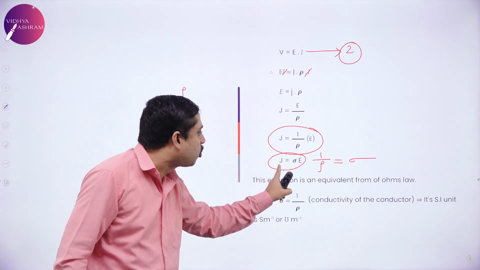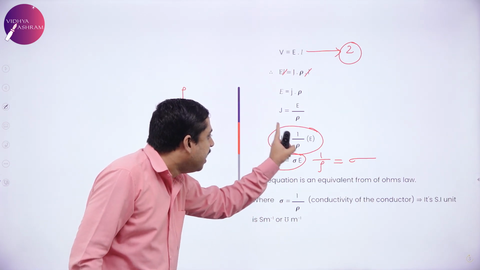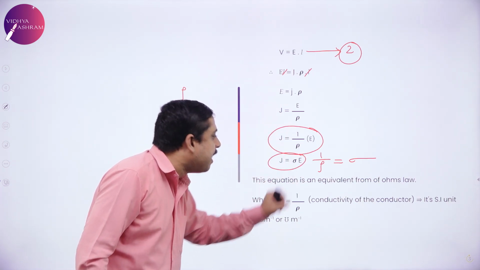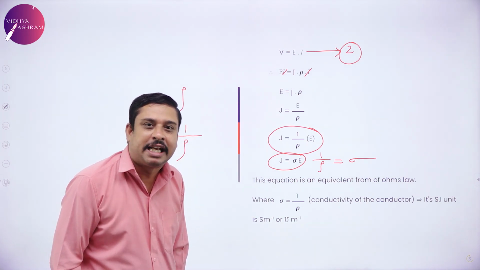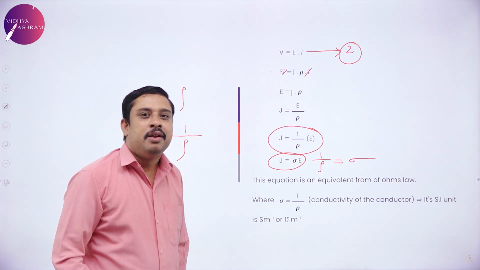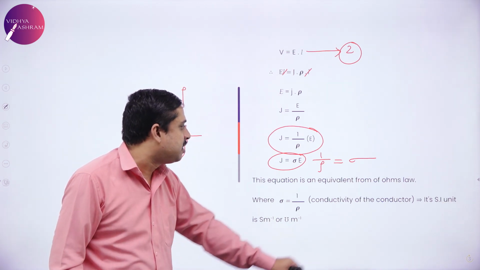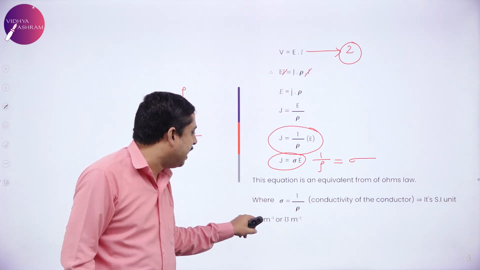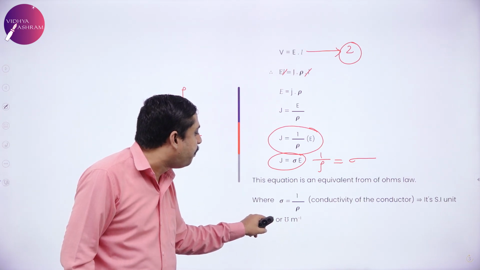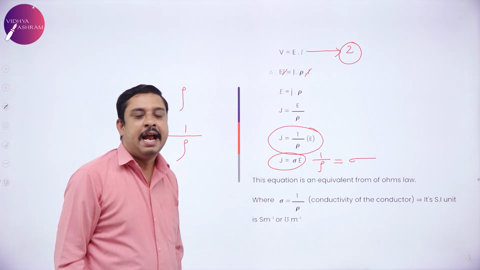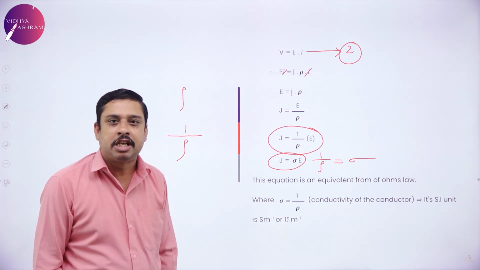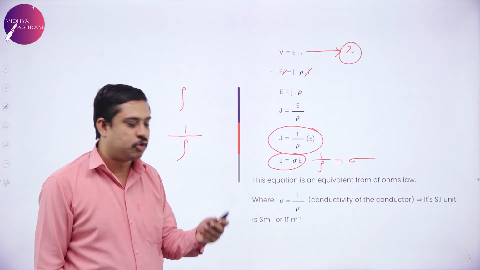So J equals sigma into E. Sigma is called the conductivity of the conductor. Now what is its SI unit? Its SI unit is Siemens per meter or mho per meter, and this is the alternative form of Ohm's law.